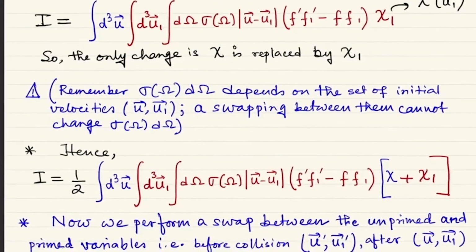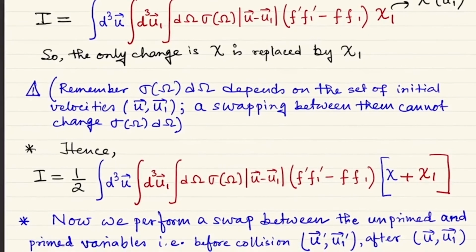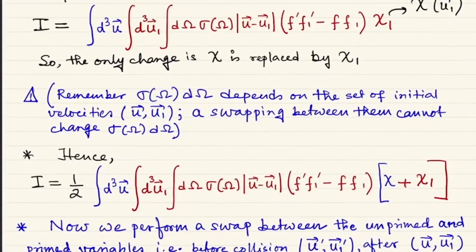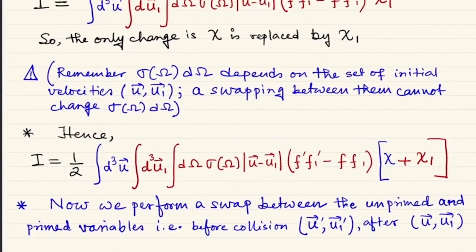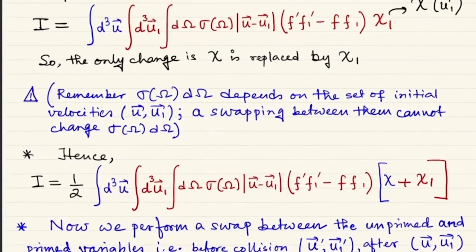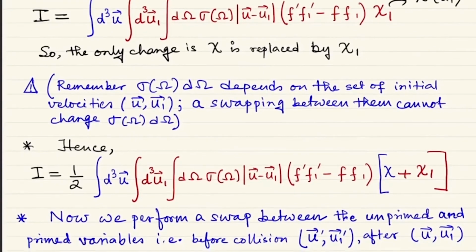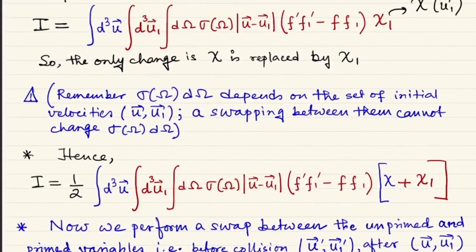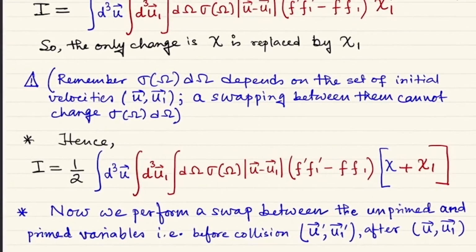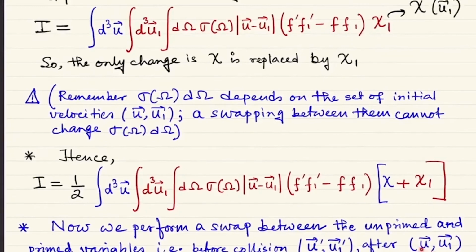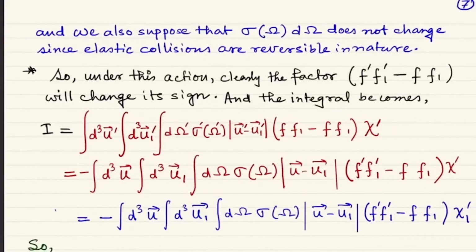Now, in the next step, we perform another swap between the unprimed and the primed variables. That means that before collision, the variables will now be primed, and after collision, the variables will be unprimed. We also suppose that in our case, the elastic collisions are usually reversible in nature.